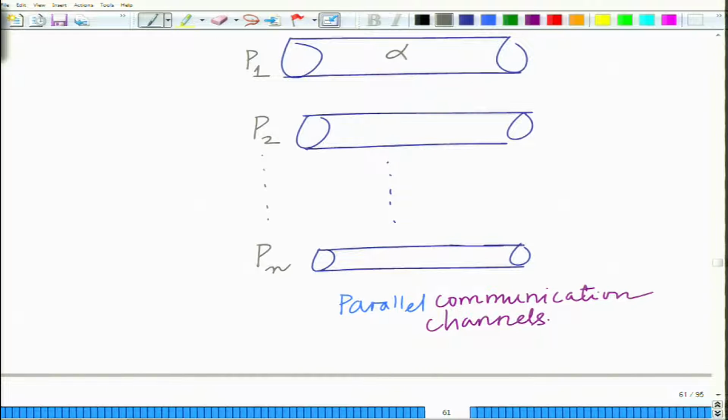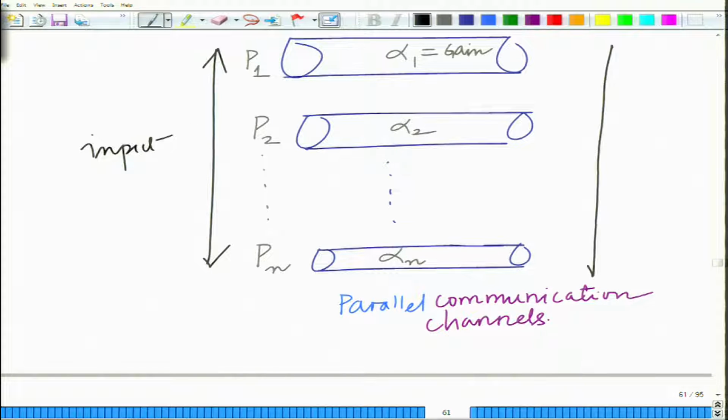Let us say the gain of the first one is alpha 1, this is the gain of channel 1, gain of channel 2 is alpha 2, gain of channel n is alpha n. So, naturally, this is the input, correct. Information is flowing from left to right. So, this is the input and this is the output, or you can think of the left as the transmitter, the right as the receiver.